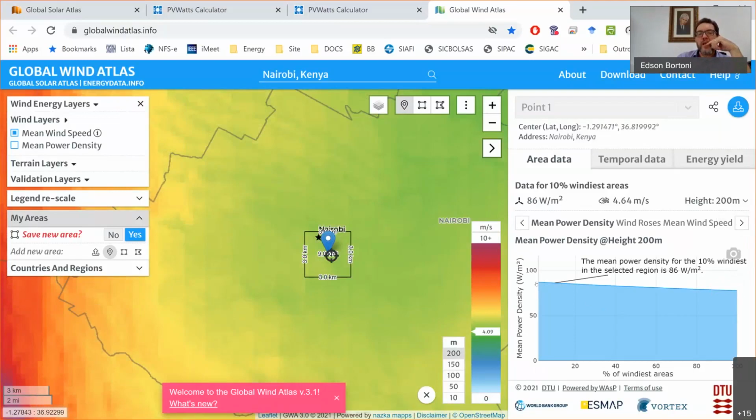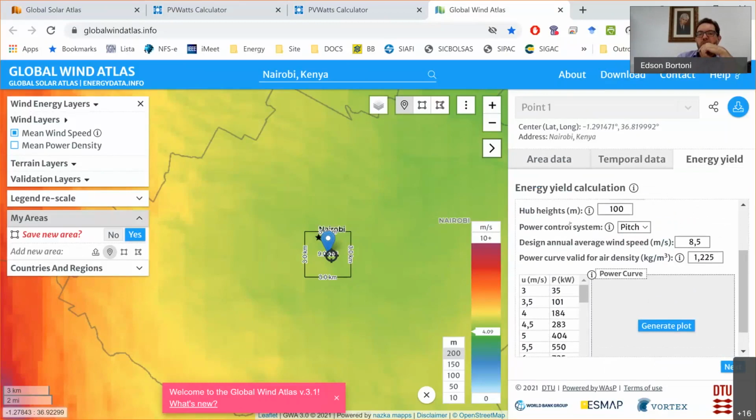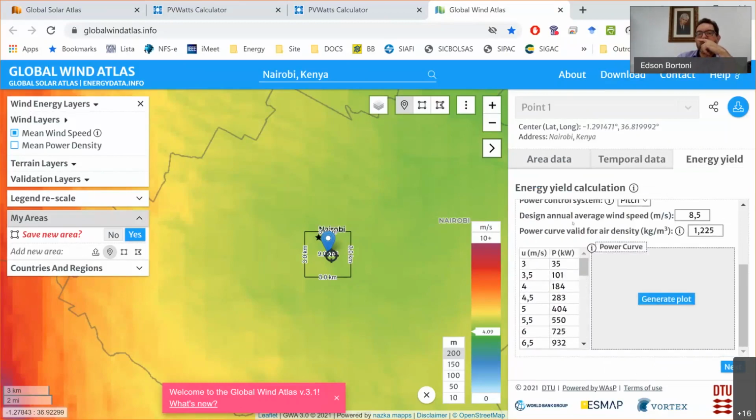Now it's 86.8 watts per square meter if you put a tower at 200 meters high. Okay, so this is a very interesting curve.